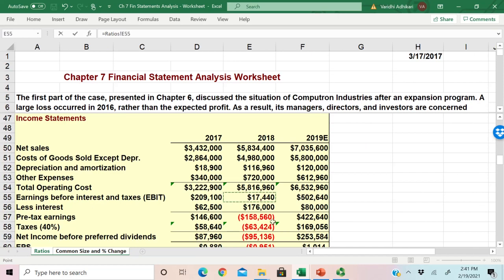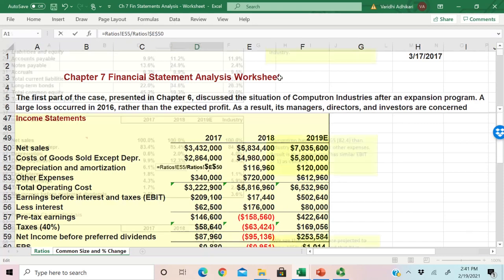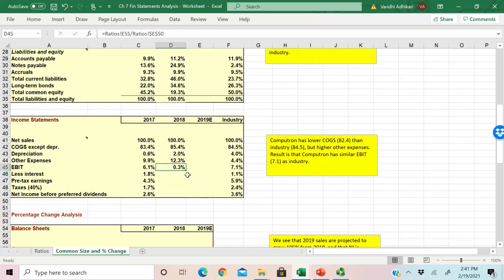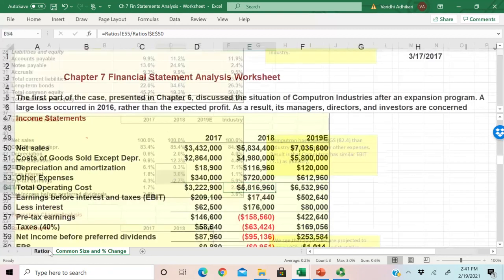So EBIT, divide that by, again, total sales. I'm going to put a dollar sign in it. Then I think interest comes after that, less interest, and I think pre-tax earnings also comes after that.